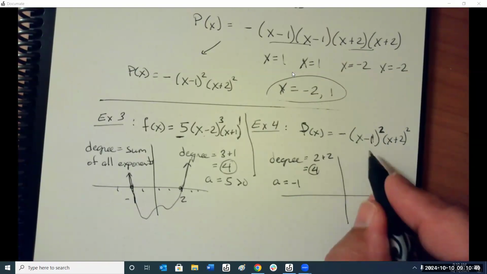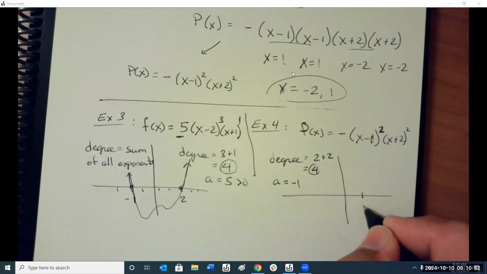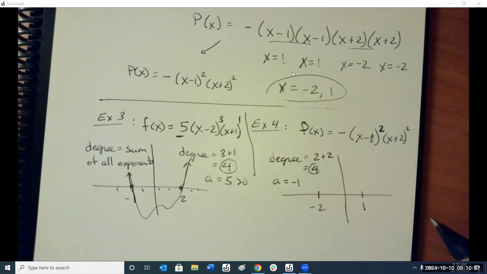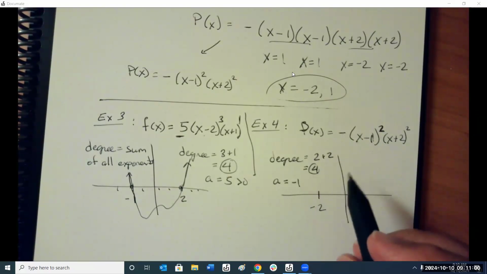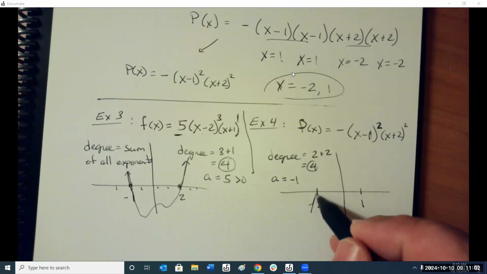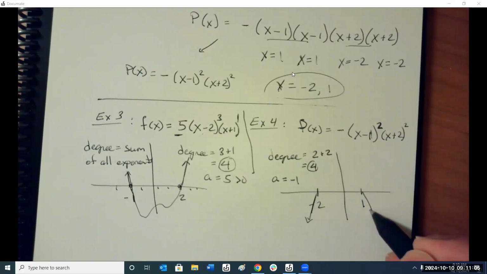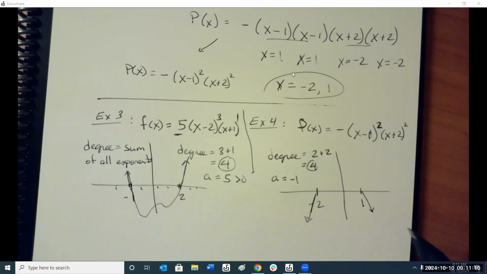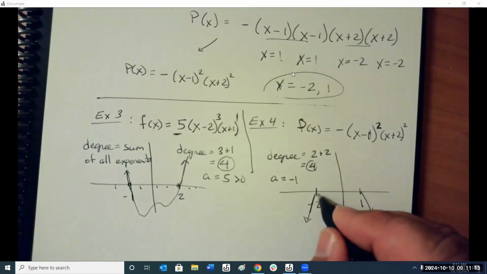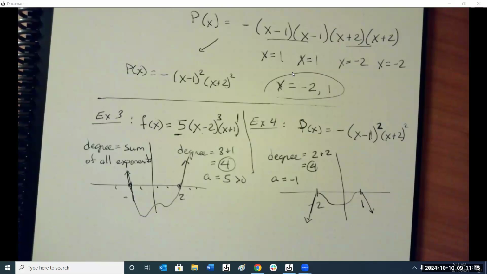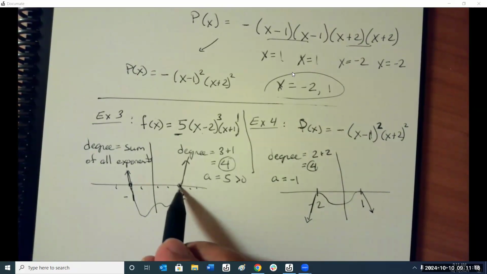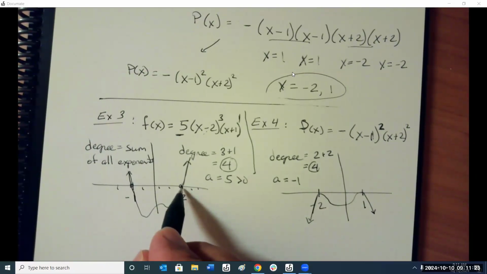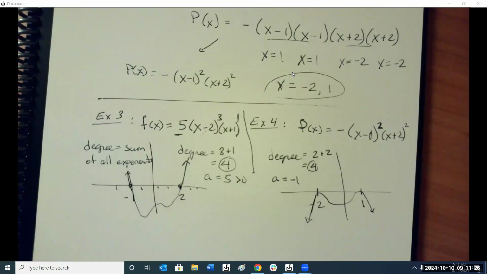And our solutions are at 1 and negative 2. At these 2 points, the only thing we know is that the graph has to be going down. That's all we really know for sure. Plotting some points, we'll see that we get this kind of graph. Our intercepts are at 2 and negative 1. Those are the only points we have. Both ends have to go the same direction.